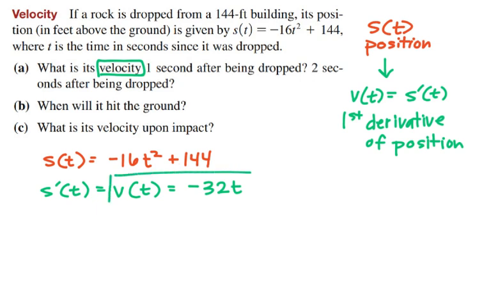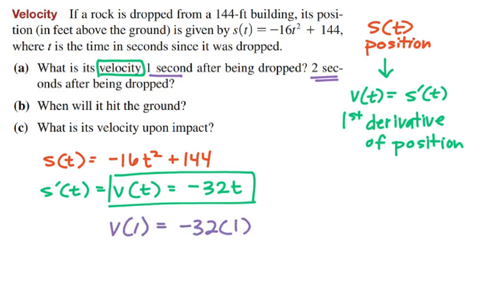Now that I have my velocity function, I can determine the velocity at 1 second or at 2 seconds. So v of 1 is negative 32 times 1, or negative 32, and v of 2 is negative 32 times 2, or rather negative 64.